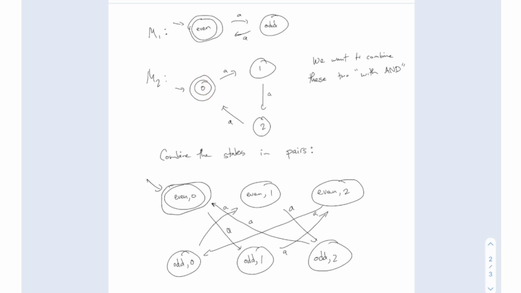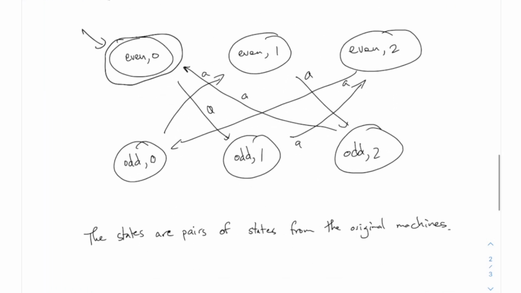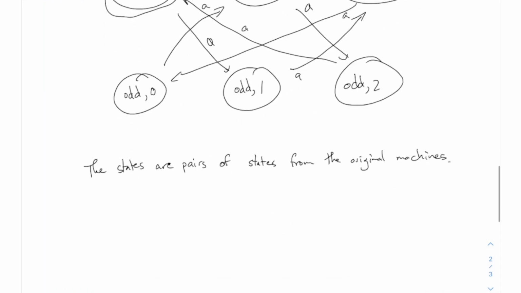All right, so the accepting states here, let me just finish saying. The states are pairs of states from the original machines. The transitions apply the letter to each part of the pair.